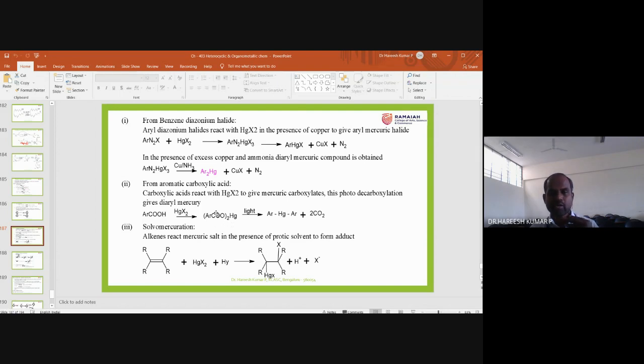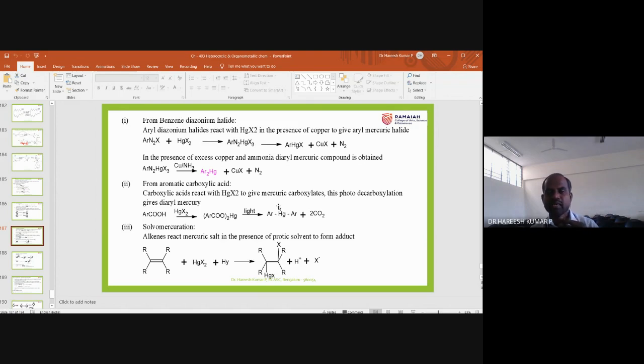This mercuric carboxylate undergoes photo decarboxylation. That means when it is exposed to a light source, it undergoes decarboxylation, giving rise to diaryl mercury.